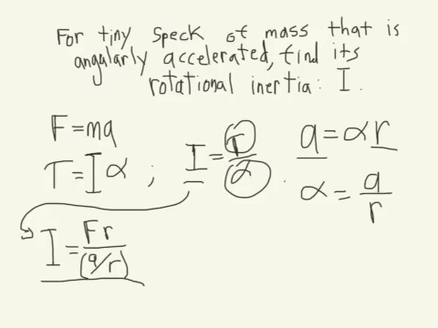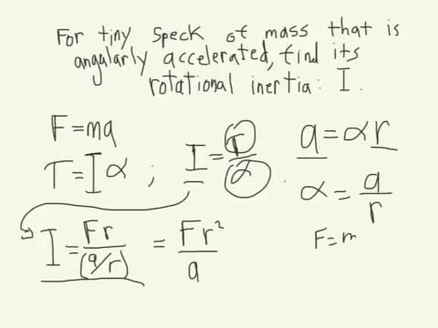So that actually ends up that we can bring the r back up to the top, and we get Fr squared over a. So we're making a lot of progress here. We have defined I in terms of r, but we can change this around a little also.